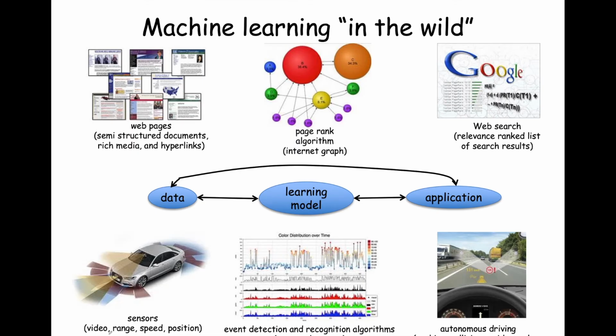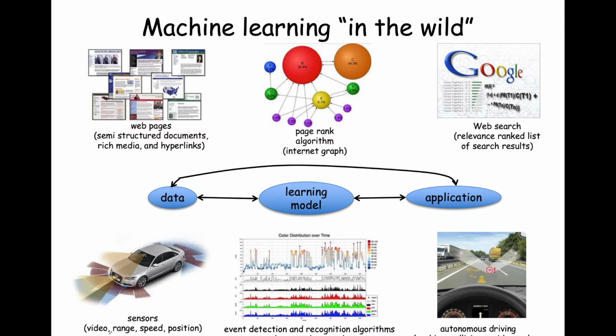And so we find lots of examples of machine learning in the wild for dramatically different applications, but they share a lot of the same characteristics. Now, let's take the application above. We have web pages, and these web pages provide our data.